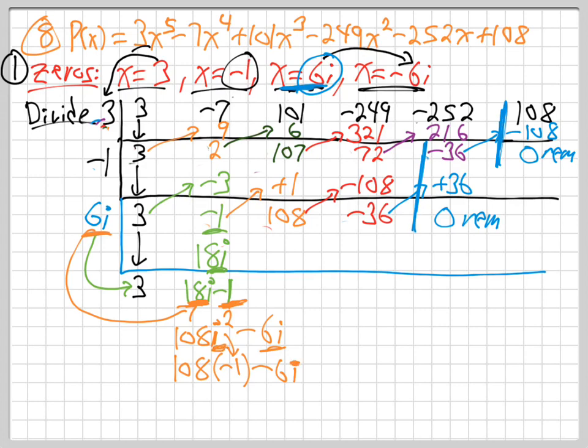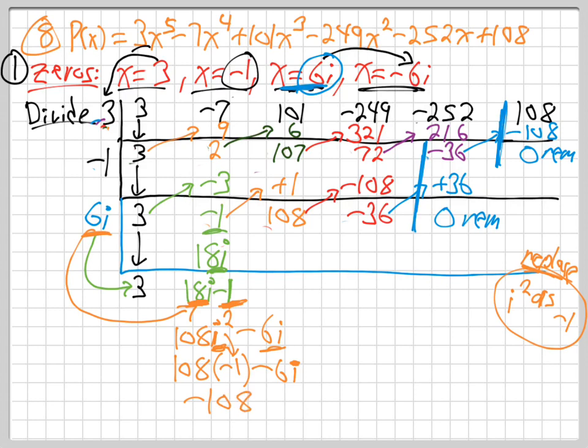We don't leave i squareds hanging around. i squared is -1. So whenever we see i squared, let me write it somewhere over here. i squared is -1. We always replace i squared as -1 because it is -1. We never leave i squared hanging around.